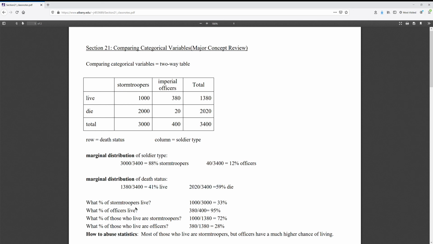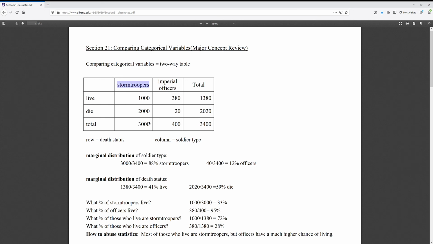What percentage of stormtroopers live? So this is all about thinking about what universe you're in. What do we know for sure? They're stormtroopers. What is in question? Whether they live. So our universe is this column.